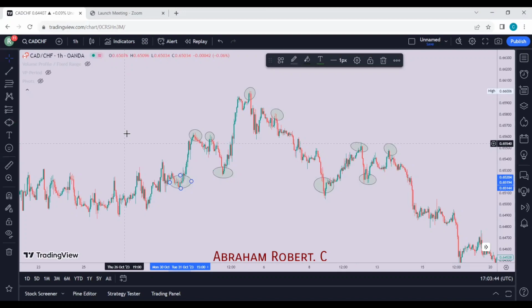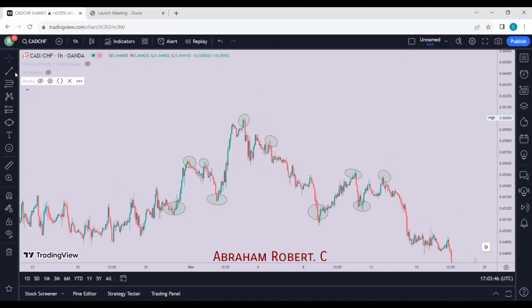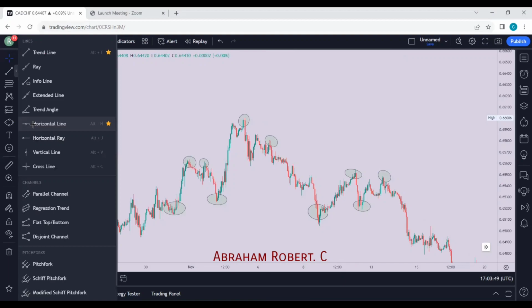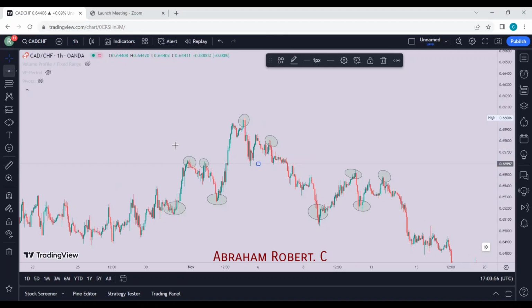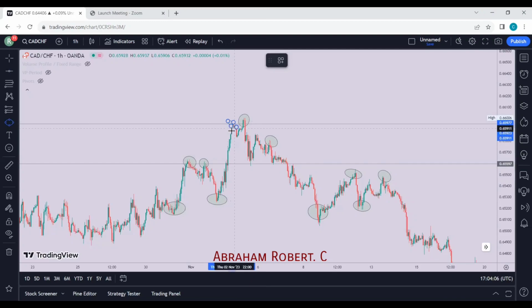Once we are done drawing your points of reaction, try and use your horizontal line to connect at least 2. Okay, these 2 can connect. There's another one here, so I can also do this.